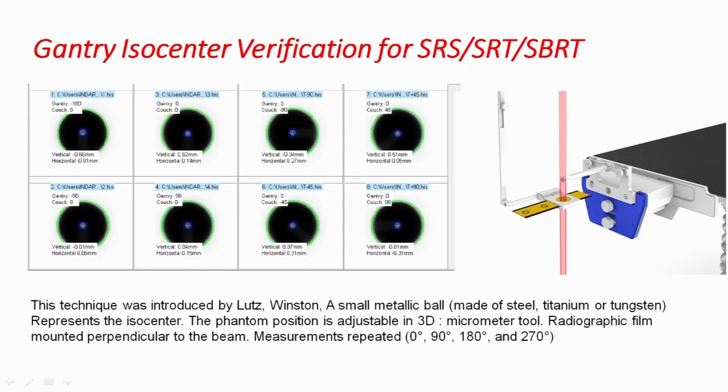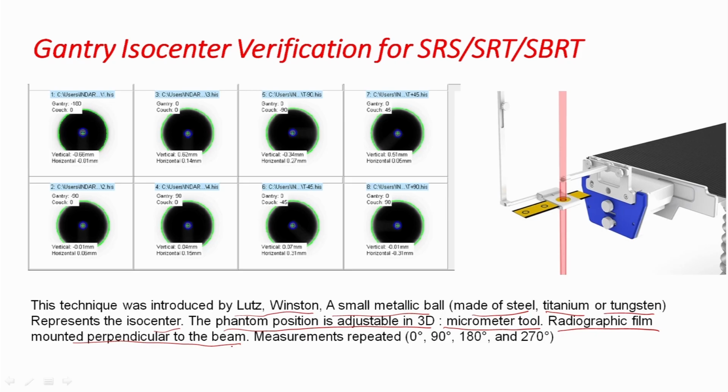So this technique was introduced by Winston and Lutz. A small metallic ball with a diameter of 2 mm, made up of steel or titanium or tungsten, a high-Z material, represents the isocenter, and the phantom position is adjusted in 3 dimensions with a micrometer tool, and a radiographic film is mounted perpendicular to the beam.